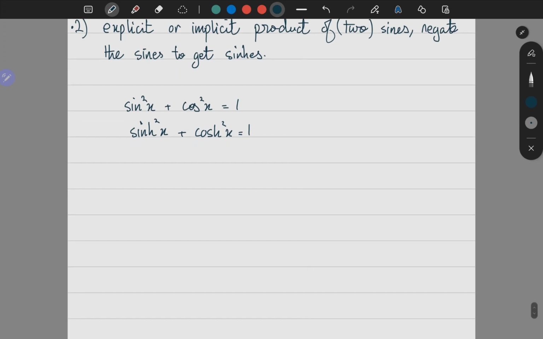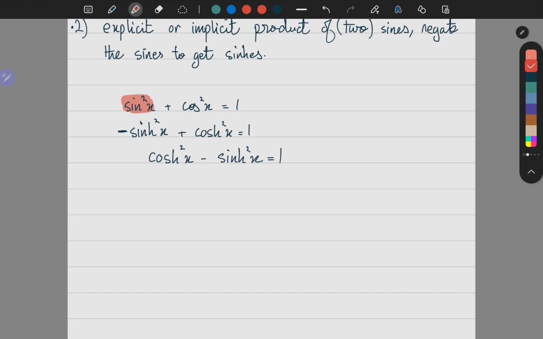The only thing I have to change is here, I have to add on a negative sign. This is very important. So now the hyperbolic counterpart of this identity is cosh squared x minus sinh squared x equals 1. And this is a very important identity in hyperbolic functions.